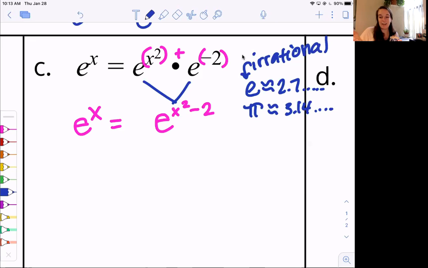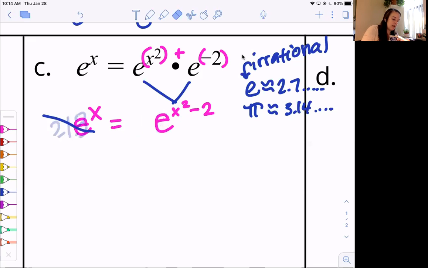It doesn't really matter, right? Because if this was a 3, we're just going to cancel them. If it was a 13, we're just going to cancel them. If it was like a 213, we're just going to cancel them. It doesn't really matter what our base is, because as long as they're the same on both sides, we only care about our exponent, because that's where our variable is.